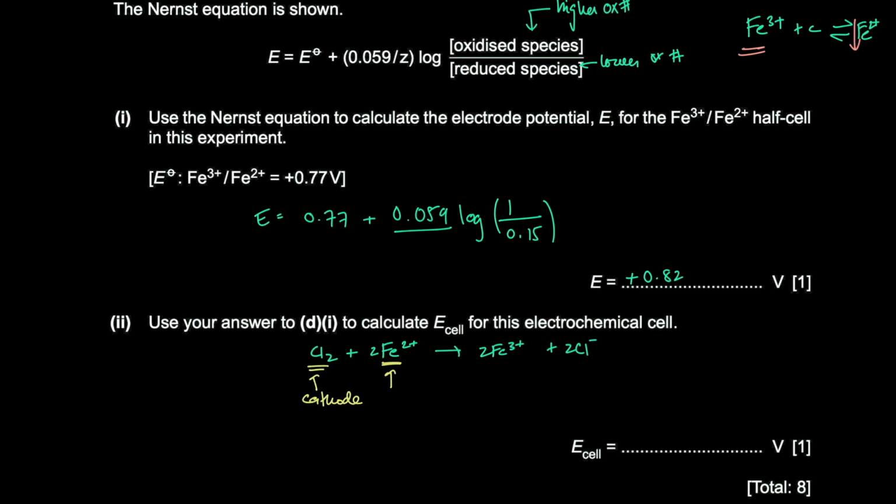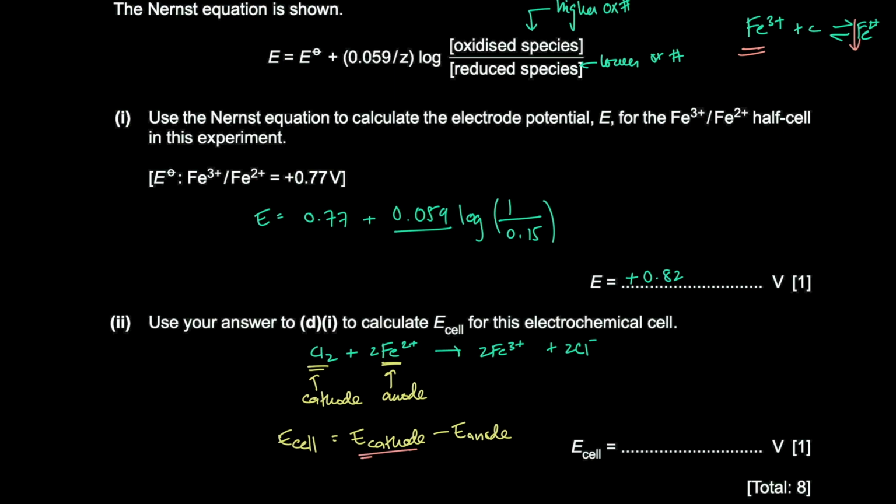that was the anode. Now you guys should know that the EMF of the cell is the electrode potential at the cathode minus the potential of the anode, right? So we have potential of cathode minus potential of anode. Now what you've done here is that the cathode remains unchanged.